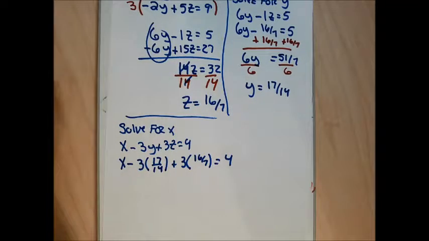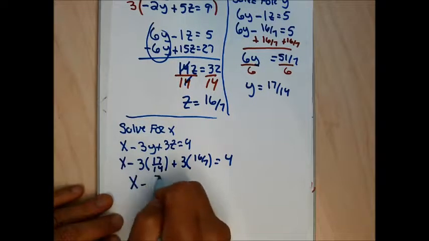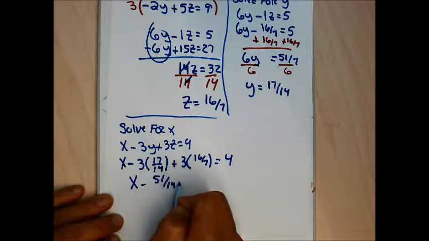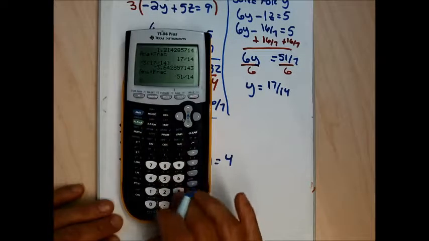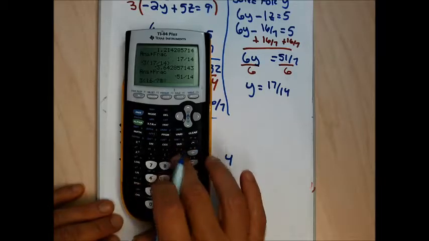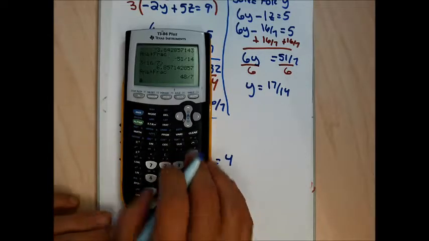It's minus 51 over 14. Let's find out what 3 times 16 over 7 is. It's 48 over 7.